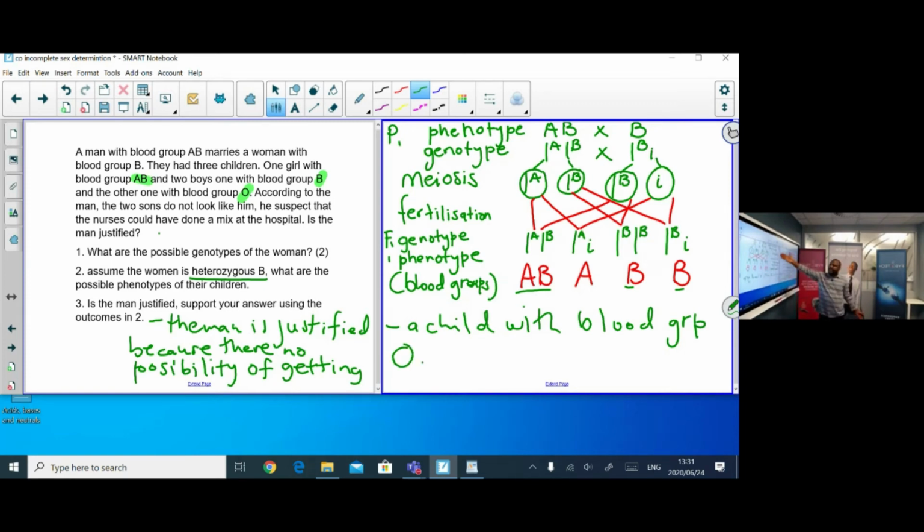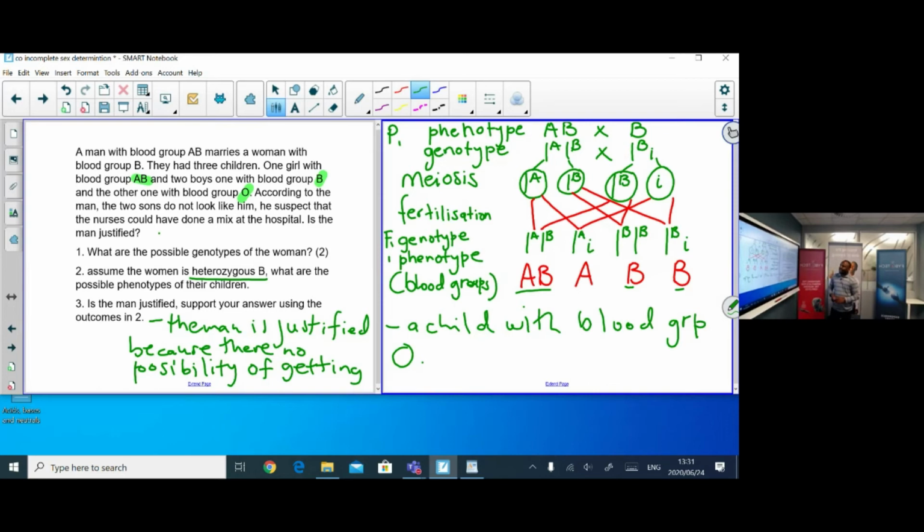From the possibilities that we have, we cannot have it. So the man might say, oh, guys, please, you made a mistake on the sorting out. You gave me the boy that does not belong to me.